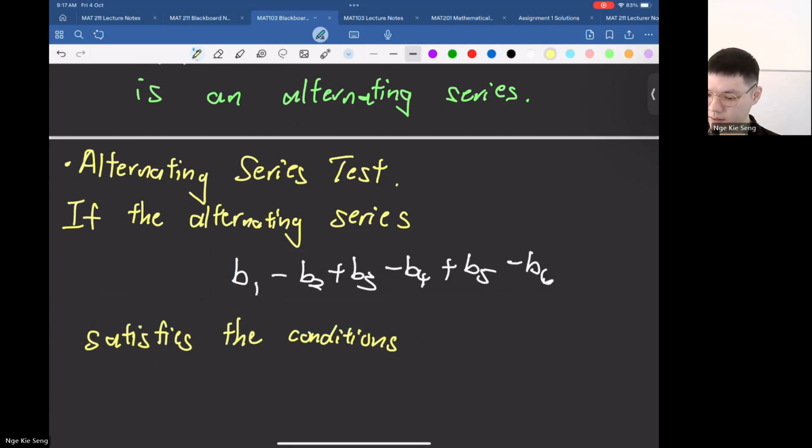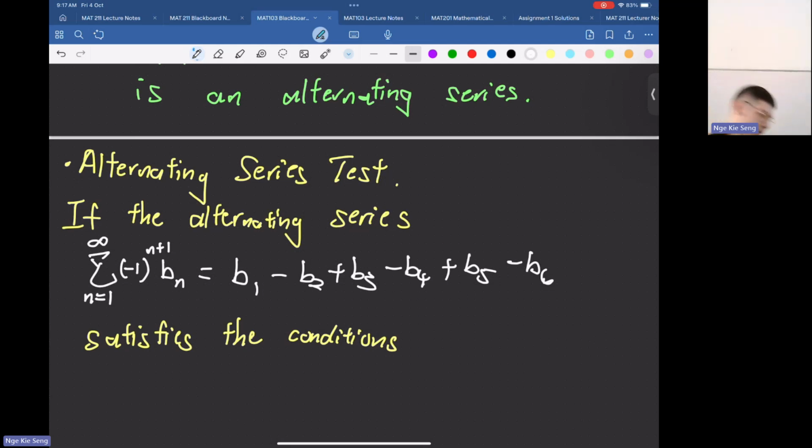The sum of bn times minus 1 to the n plus 1, from n equals 1 to infinity.